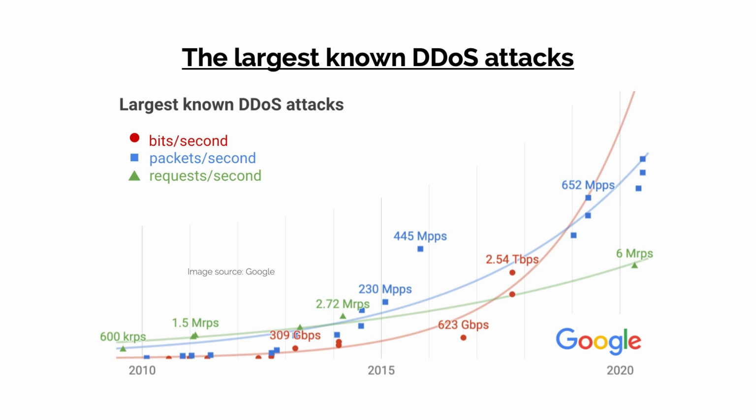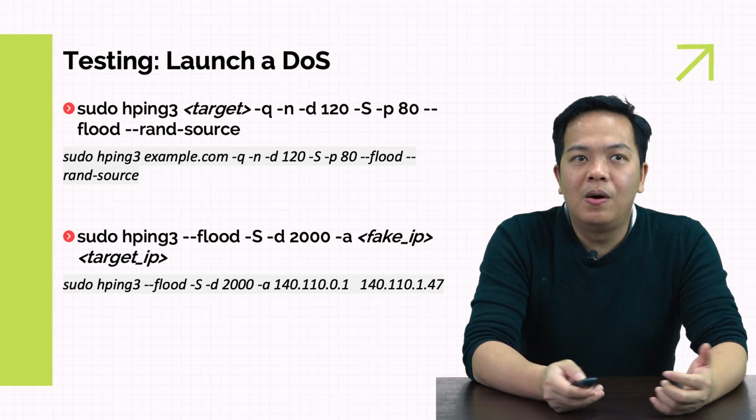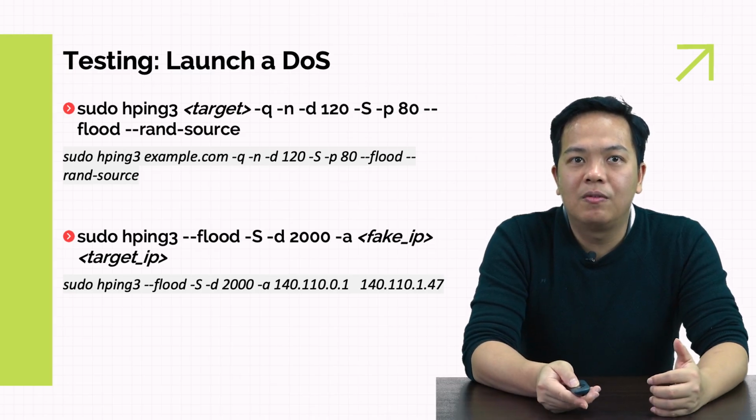But now attacks reach about 2.5 terabits per second. That means it's much larger than your bandwidth can afford, so eventually you cannot access anything. That is why denial of service is one of the biggest threats.